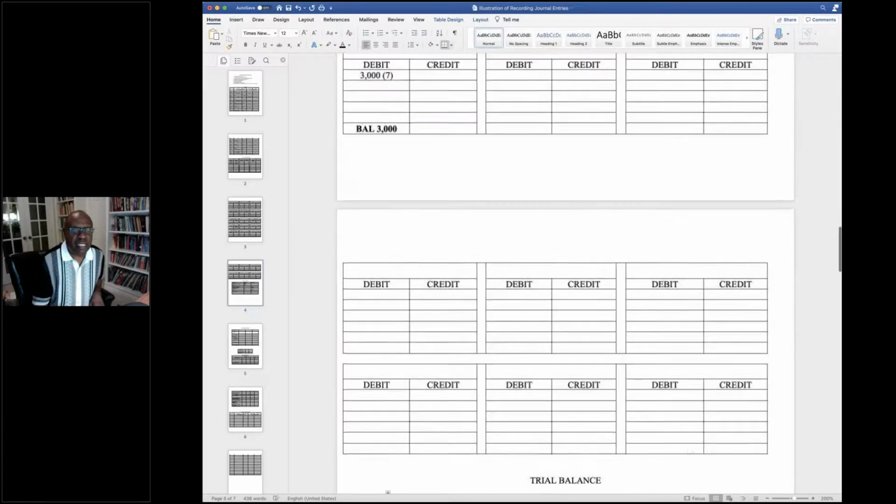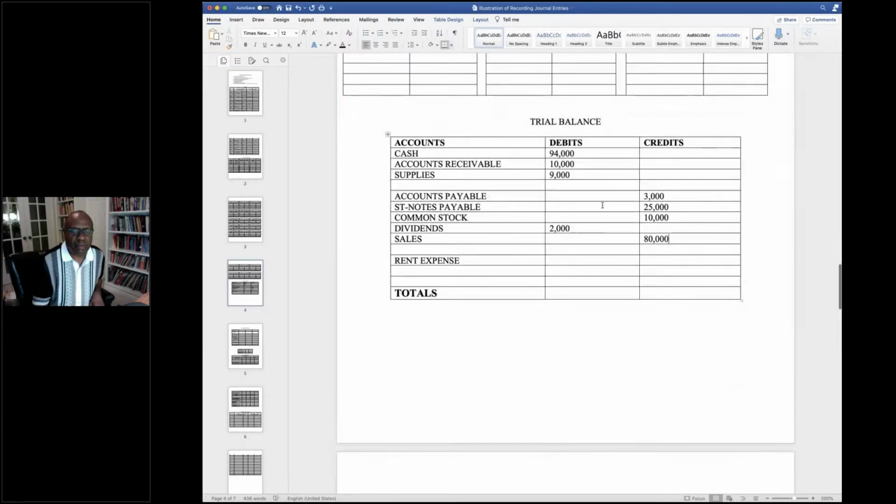And rent expense has a debit of 3,000. So we put this debit here. We add up our debits, and if I've added correctly, 94, 10, 9, 2,000, and 3,000, that's going to be 118,000. We go to the credit side, 3, 25, 10, and 80. That's going to be 118,000 also.